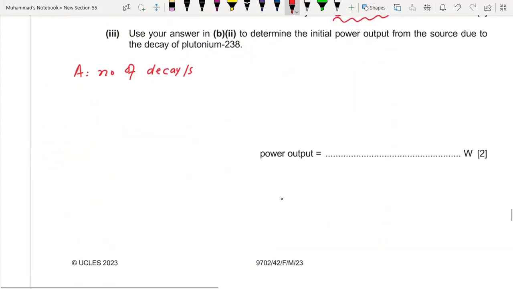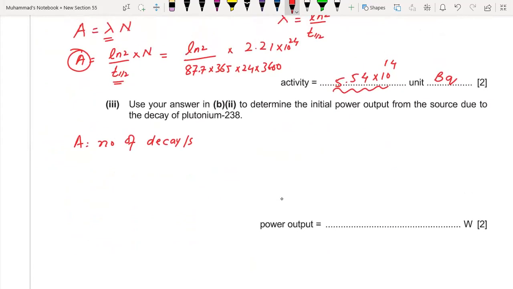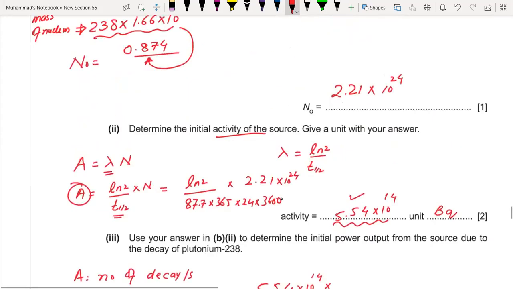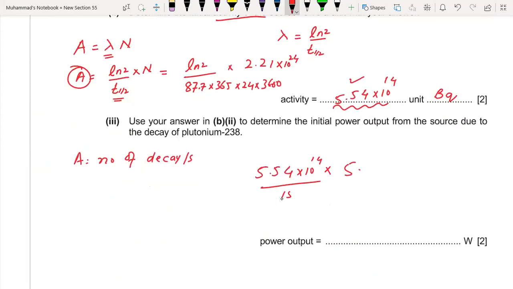So to find the power, we have to divide that energy by 1 second, because in 1 second we have this much decay, that is 5.54 times 10 power 14 per second, times in each decay the energy produced, 5.59 mega electron volt.